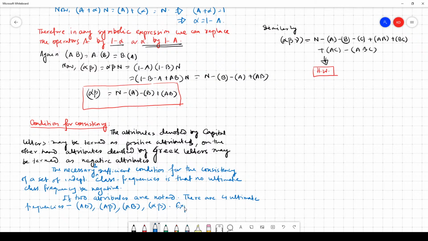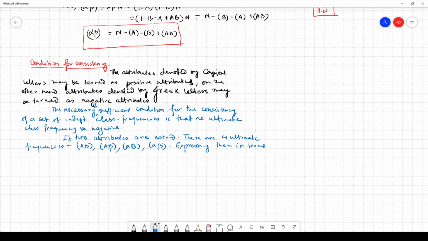Expressing them in terms of positive classes, we find the following conditions.